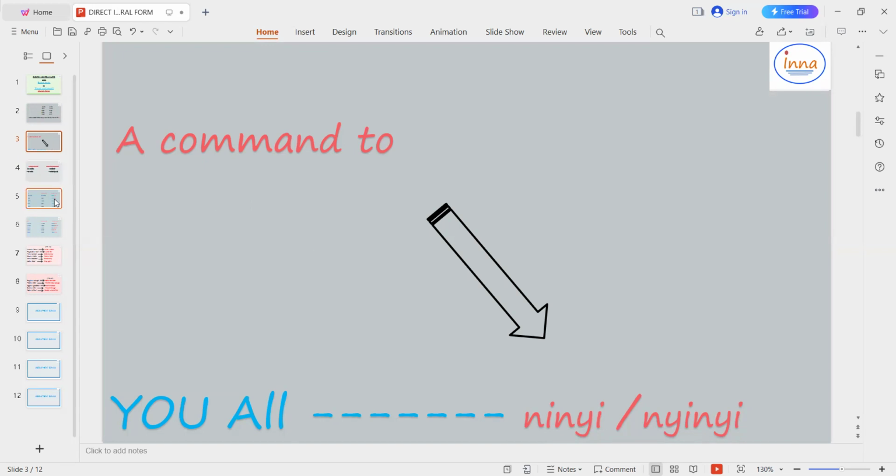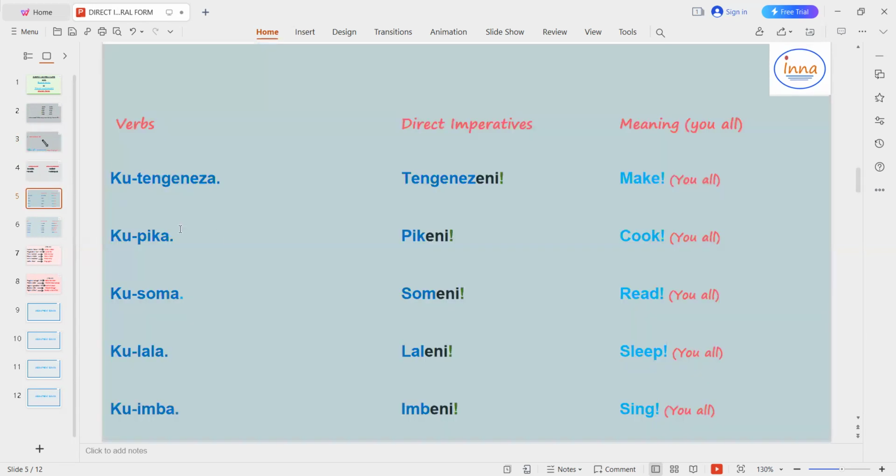More examples of these Swahili verbs, you will see the way they change. For example, kutengeneza becomes tengenezeni. Kupika, pikeni. Kusoma, someni. Kulala, laleni.